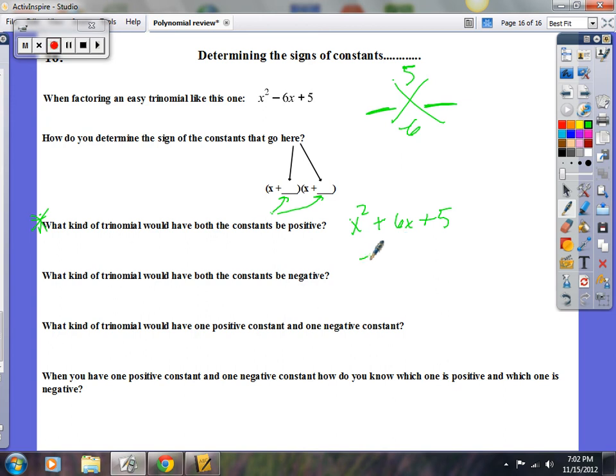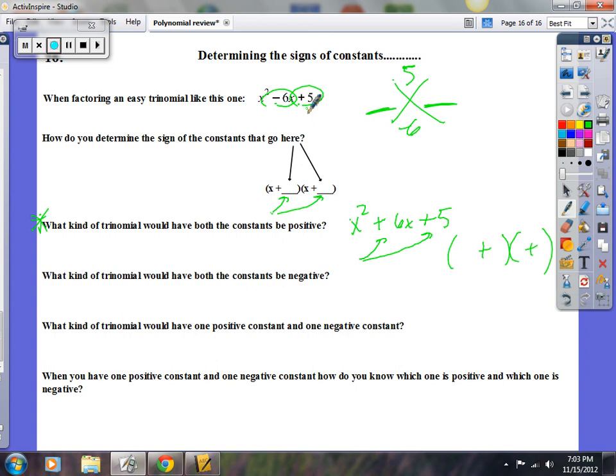So if both of those are positive, everything has to be positive. The only way a negative can creep in is if one of these is negative.